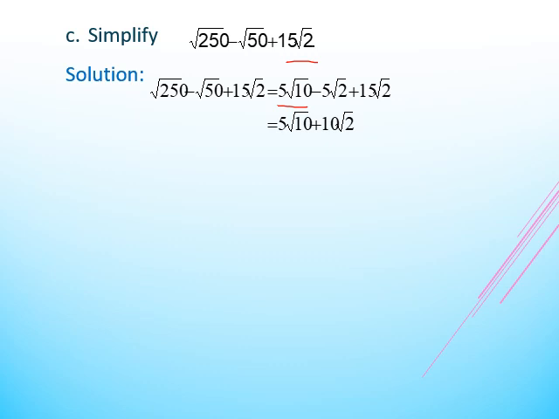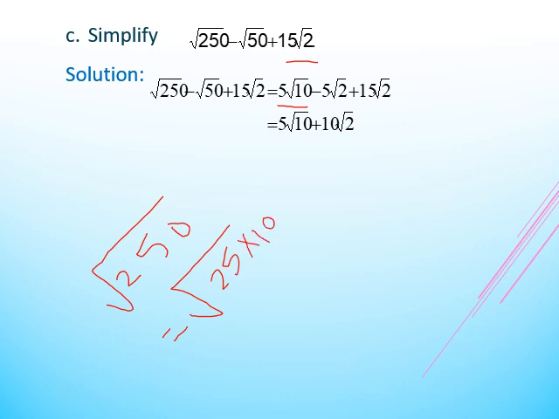This is by saying that root 250 equals root 25 times 10. And if we partition the root, this will be 5 times root 10 because the square root of 25 is equal to 5 and this is root 10. This is for the first term. Then let's move to the second term.